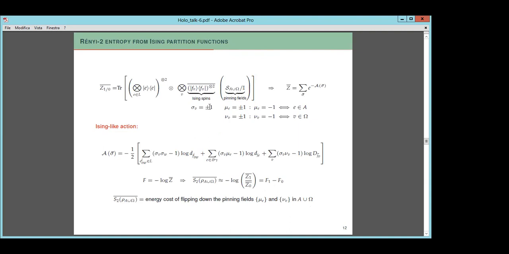So it has nothing to do with the magnetic spins we assume on the boundary. It has to do with the fact that you're looking at the Renyi 2 entropy. Yeah, exactly. If we looked at other order Renyi entropies, we would have not just binary variables.